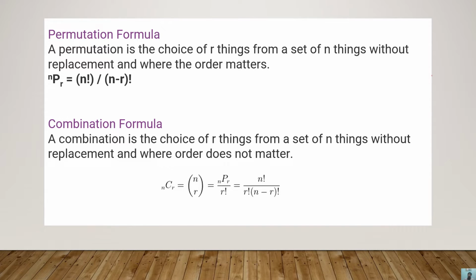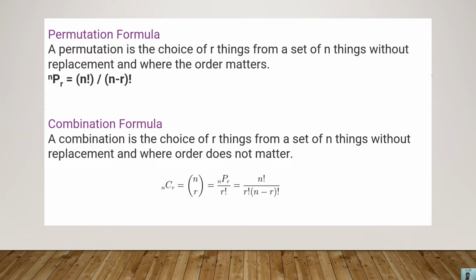A permutation is the choice of r things from a set of n things without replacement and where the order matters. So as we have said a while ago, the order matters. So arrangement of the elements is considered. While in combination, as we have mentioned, the order does not matter.